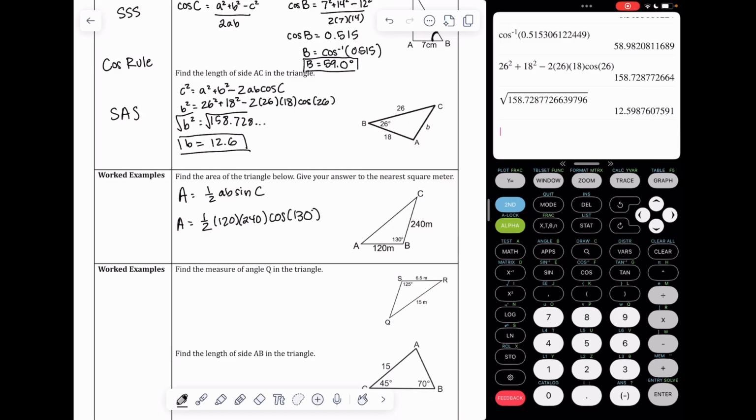So throwing that all in, we get 1/2 times 120 times 240 cosine of 130, and we get, whoa, yikes, something happened here. Negative 9,000?